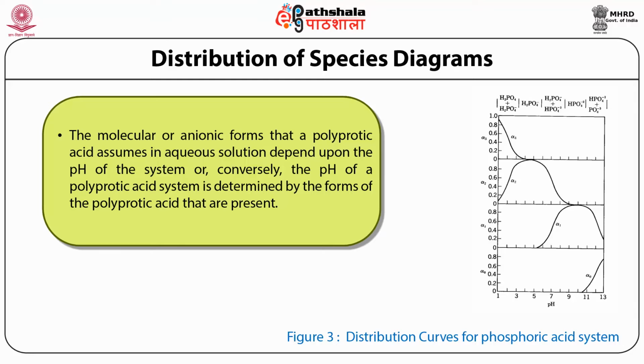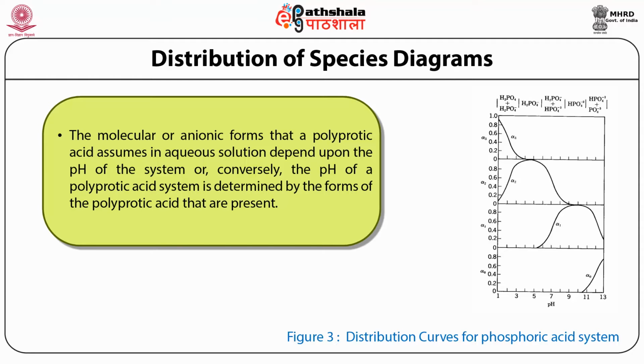A plot of the fraction of the total polyprotic acid present as each species versus pH is referred to as a distribution diagram, as shown in figure 3. A graphic representation of a polyprotic system is helpful in understanding the nature of the equilibria involved.